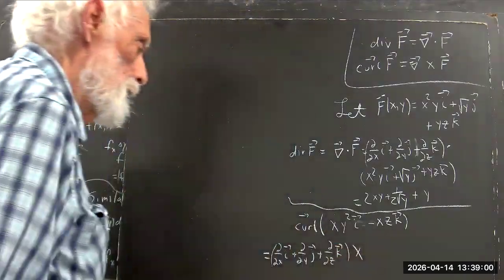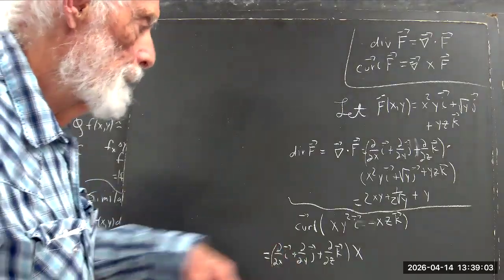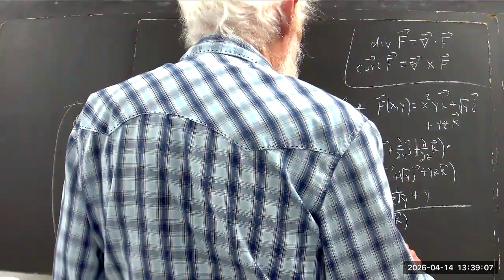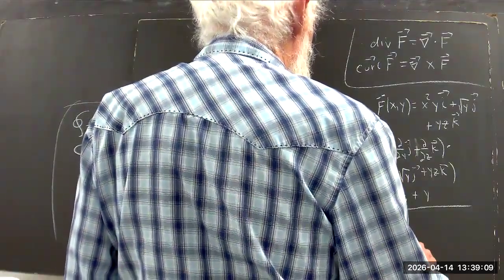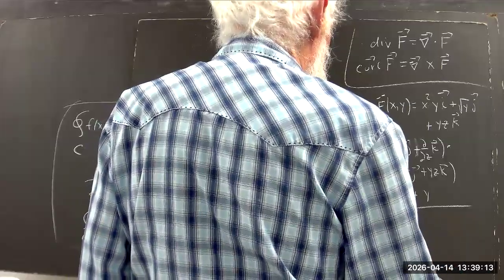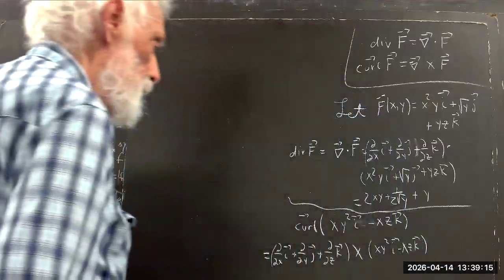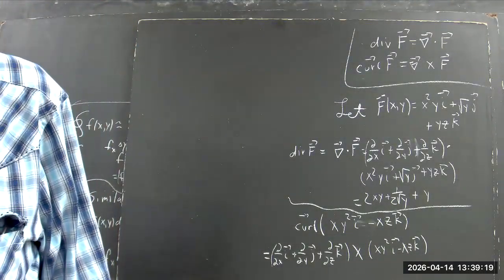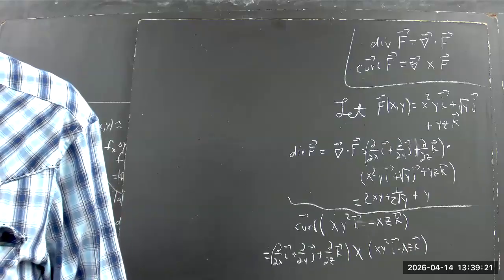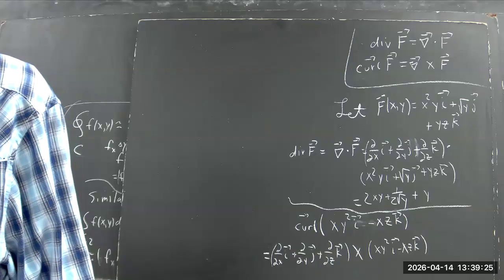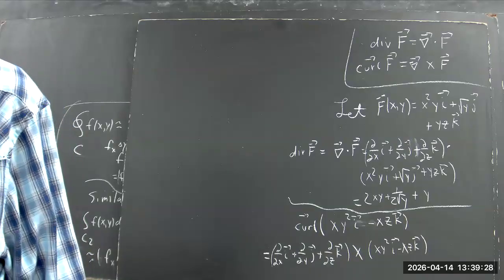So it's a cross product of your del operator with xy squared i minus xz k. I left j out just because that's going to give me a pretty simple expression for the curl, and I'm not going to have to use a determinant. I don't want to use up the space.